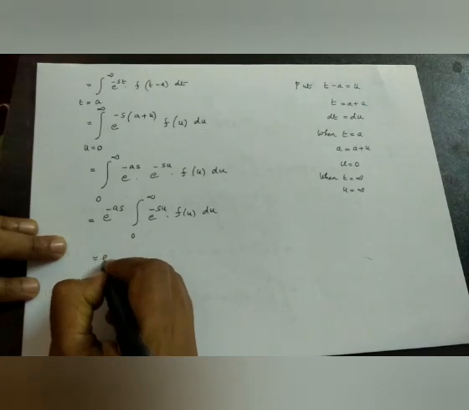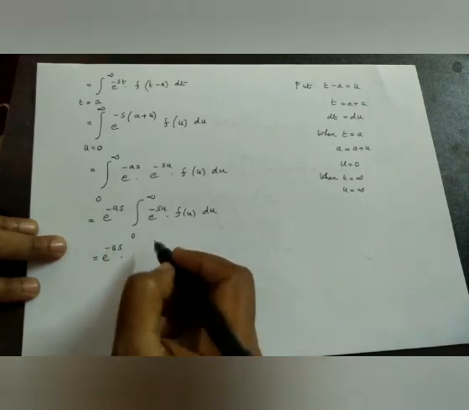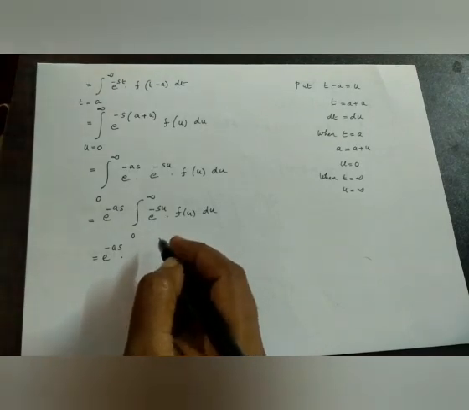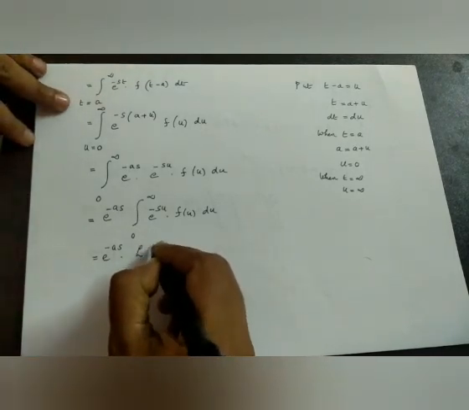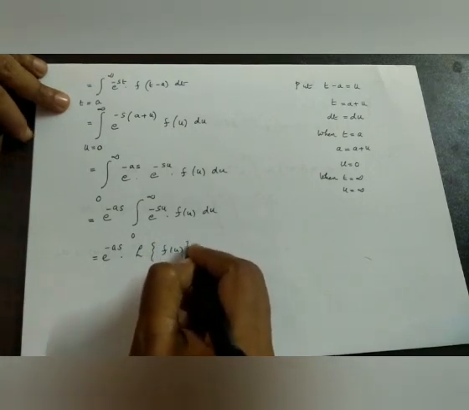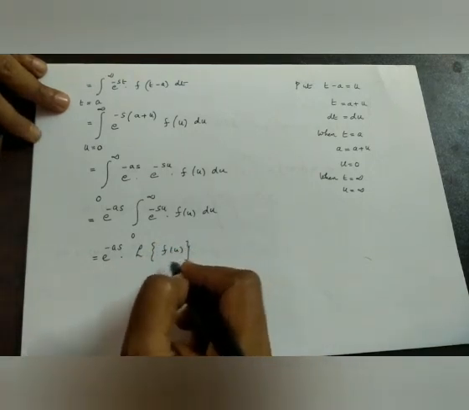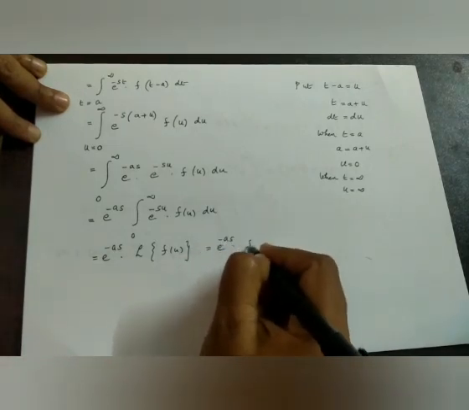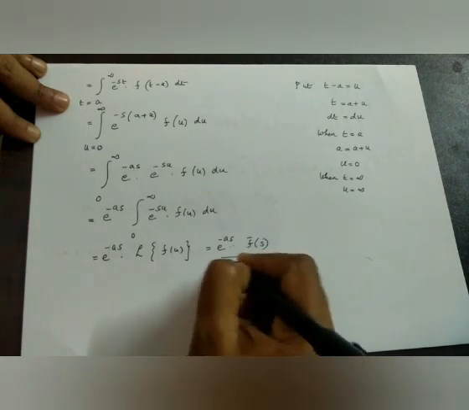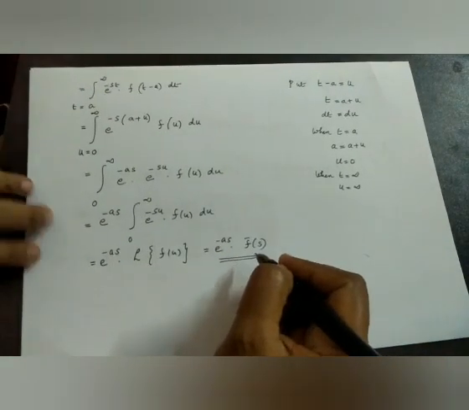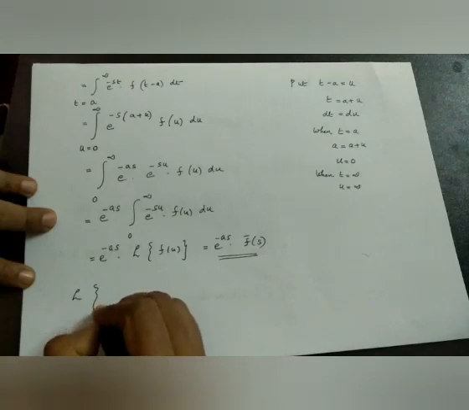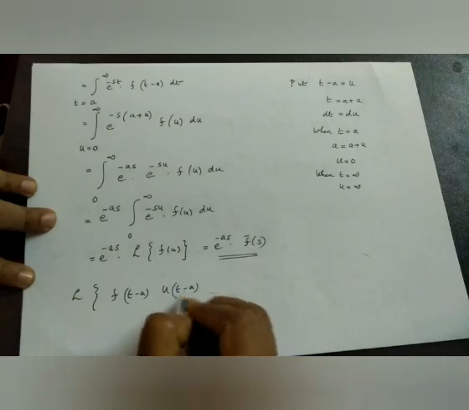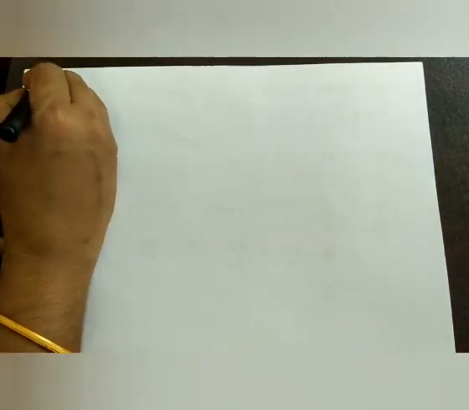It is the Laplace transform of f of t. Therefore, here we can write it as the Laplace transform of f of u. The Laplace transform of f of t or f of u can be denoted as f bar s. Therefore, the Laplace transform of f of t minus a, u of t minus a is e raised to minus as f bar s.